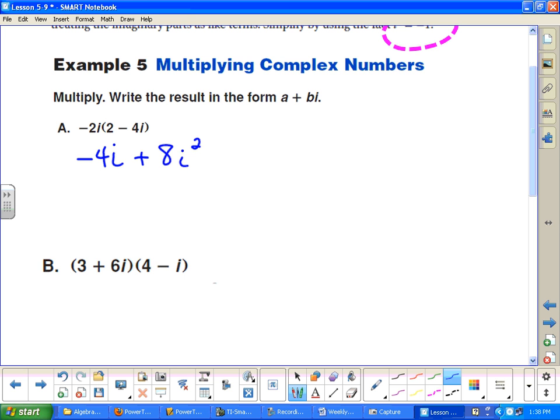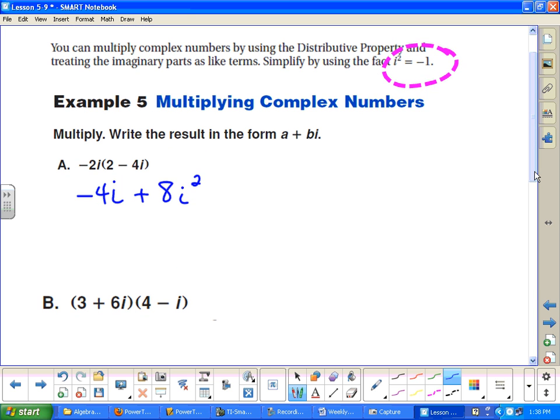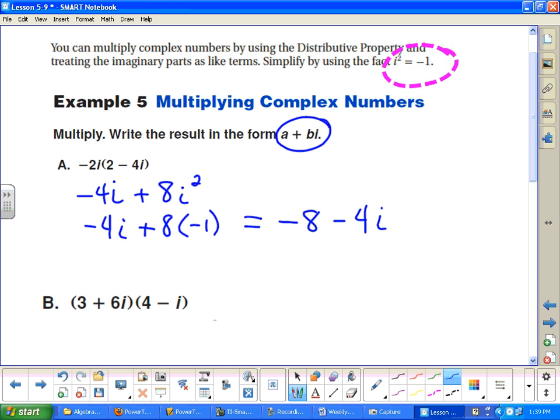Now, we learned back in lesson 5 that i squared equals negative 1, so I have to replace this i squared with negative 1. Then we get negative 8 minus 4i. And we always have to write it in the form a plus bi, so the real part goes first, the imaginary part goes last.